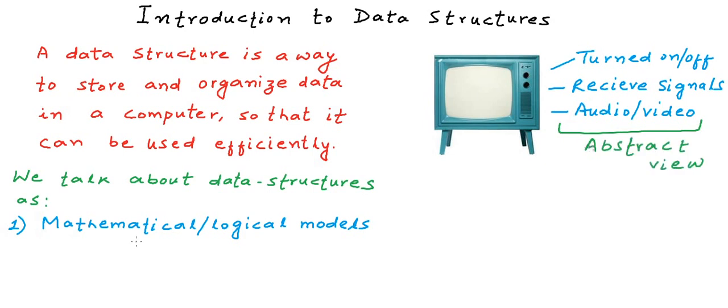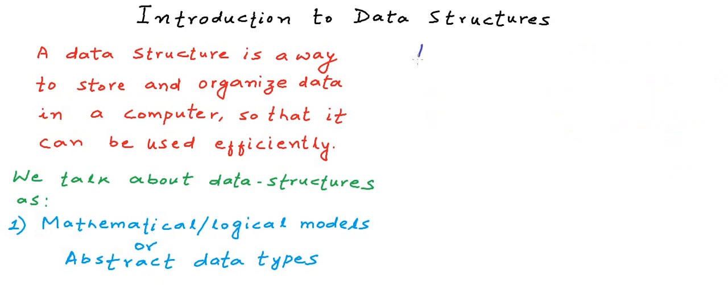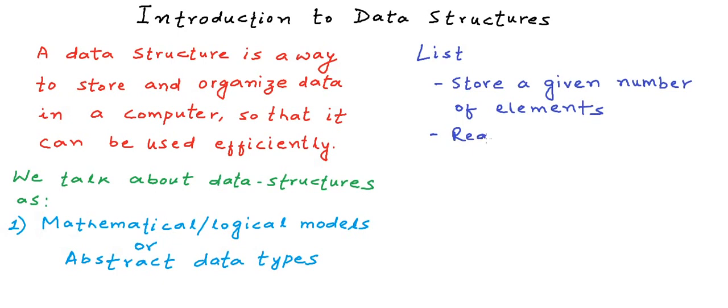So when we study data structures as mathematical or logical models, we just define their abstract view, or in other words, we define them as abstract data types. An example of abstract data type can be, I want to define something called a list that should be able to store a group of elements of a particular data type, and we should be able to read the elements by their position in the list, and we should also be able to modify element at a particular position in the list.